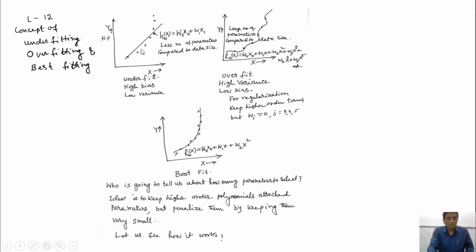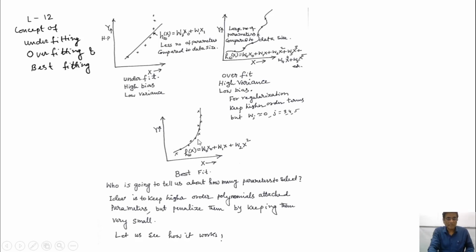So both of them are bad, whereas the best fitting could be this one, h w of x equals w0 x0 plus w1 x plus w2 x square, because of the quadratic nature of the sample.